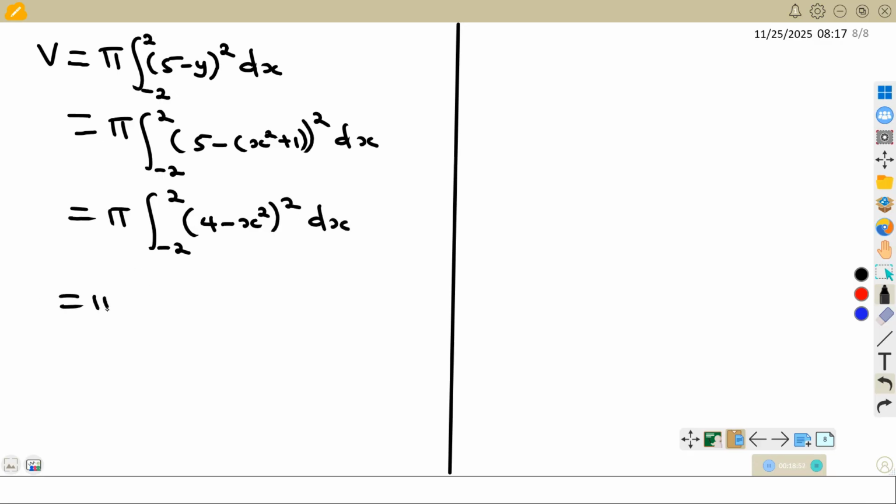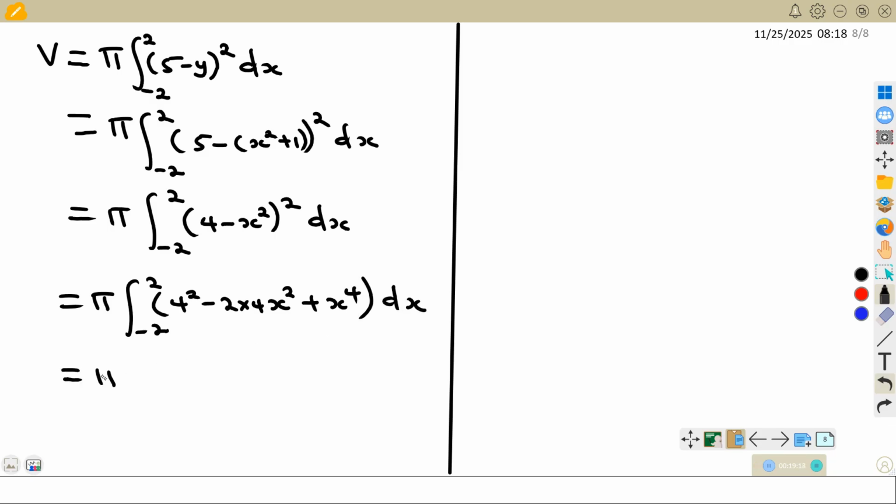So this will give us pi from negative 2 to 2. Expand this: 4 squared minus 2 times 4 times x squared, plus x squared squared, that will be x to the power 4, and then dx.